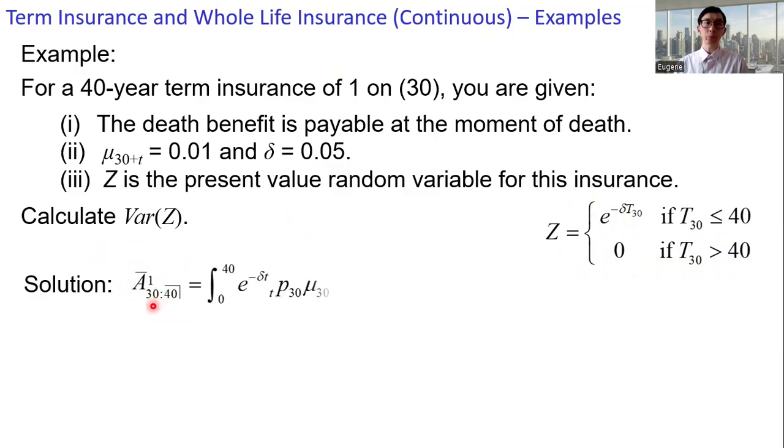The expression: 40-year term insurance, so t starts from 0 to 40, and then the integrand, the death benefit amount 1 times the present value factor e to the power minus delta t, and then the PDF of T_30, which is t p 30 times mu 30 plus t.